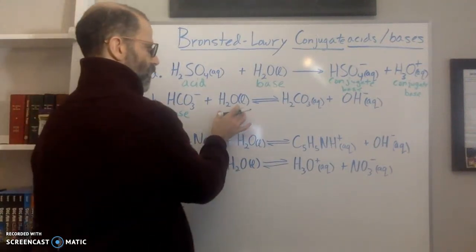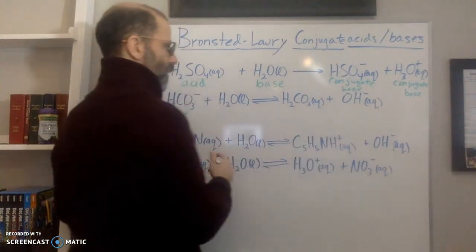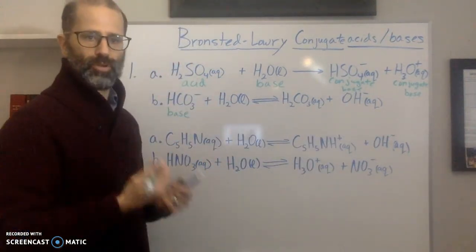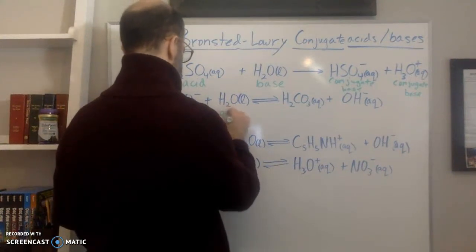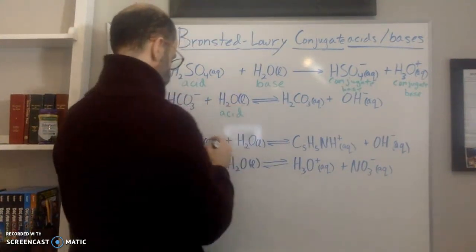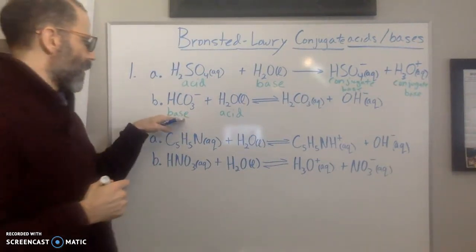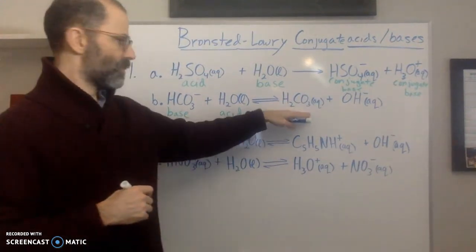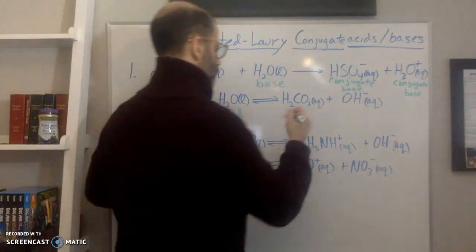And the water here is giving off the proton. It loses a proton and becomes OH minus. So it's losing the H plus. So this is going to be the acid, since you're giving away your H plus. And so again, the base becomes the acid. So this is the conjugate acid.